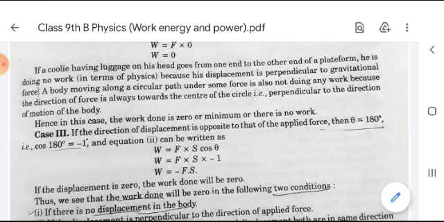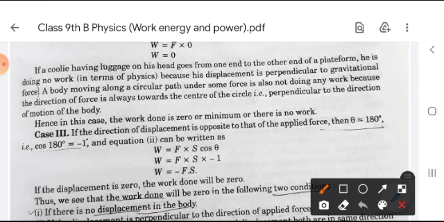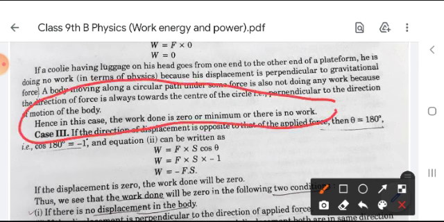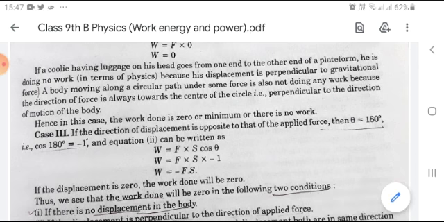Why? Because the displacement is making an angle of 90 degree with the gravitational field and cos 90 value is 0. So work done against the gravitational field is 0. Hence in this case the work done is 0 or minimum or there is no work.